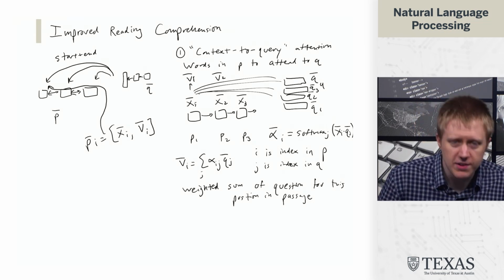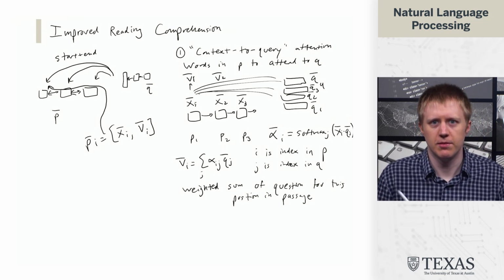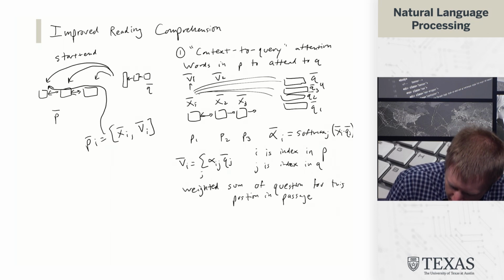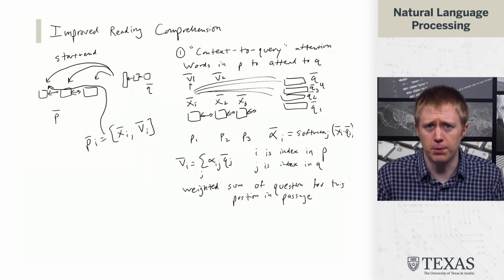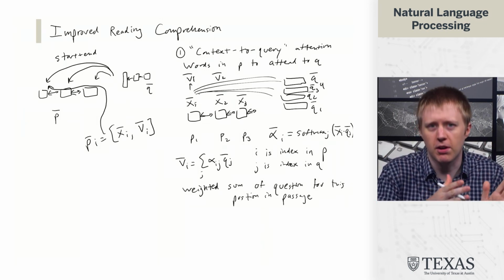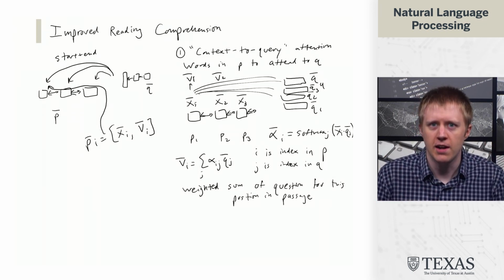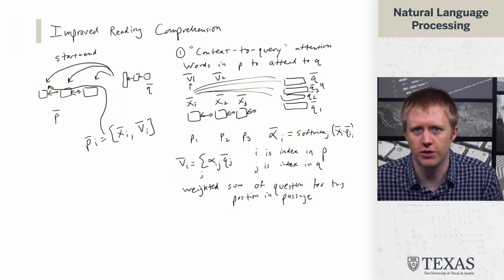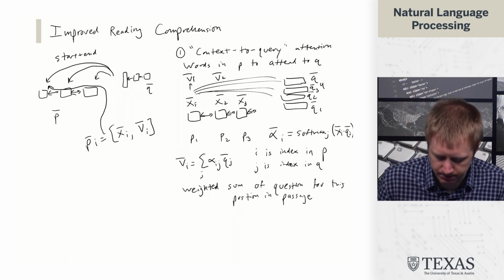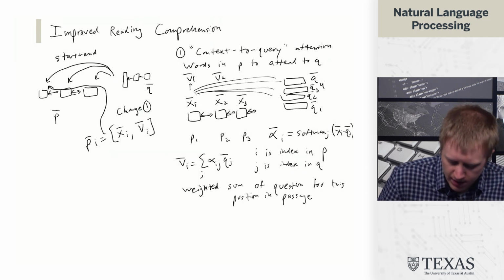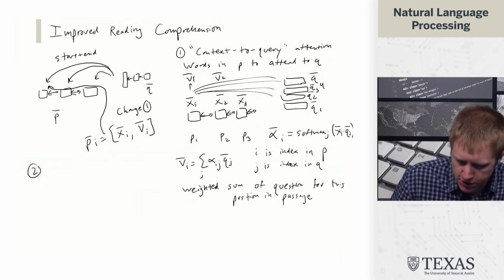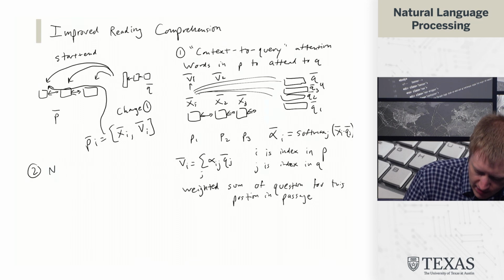So previously we were just using this bidirectional LSTM output, which previously we were calling pi, now we're calling xi, but now we're adding on this additional term based on this attention computation. Okay, so that's change 1. Change 2 is we have a new way of encoding the question.